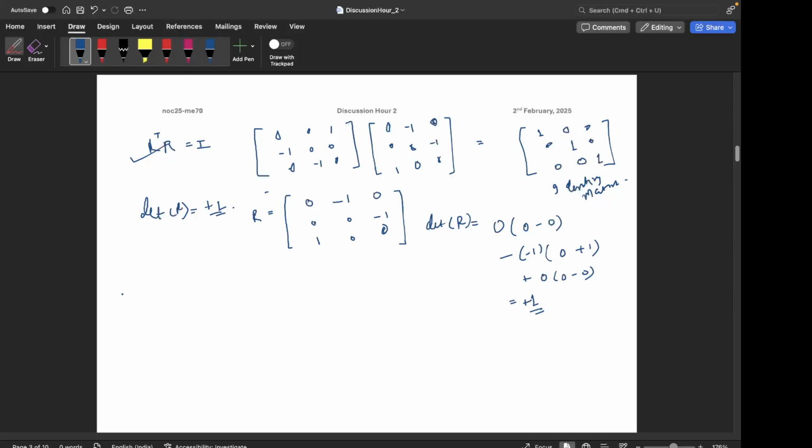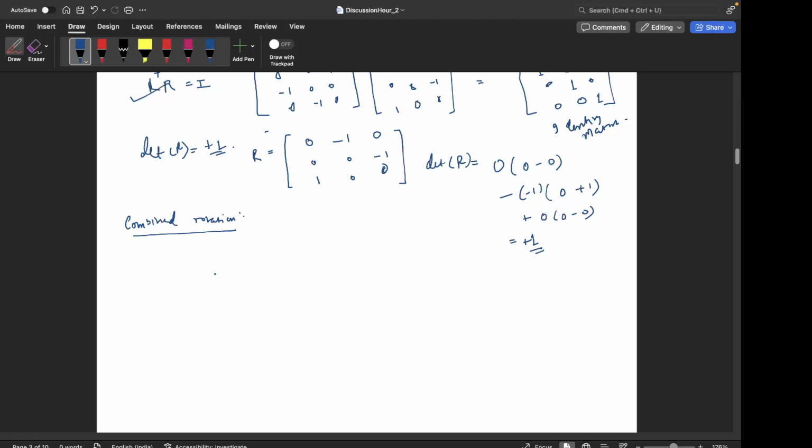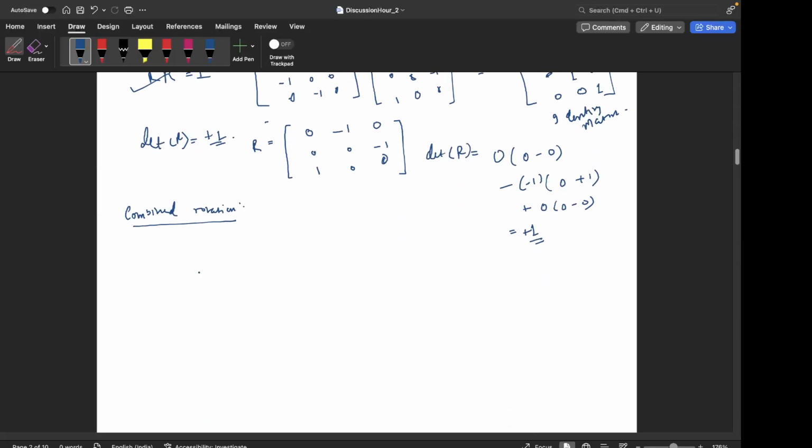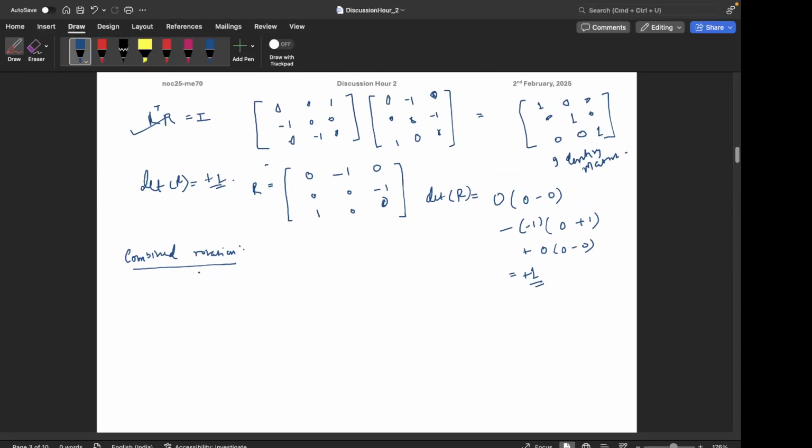So now we saw that the combined rotation matrix is 0, minus 1, 0, 0, 0, minus 1, and 1, 0, 0.